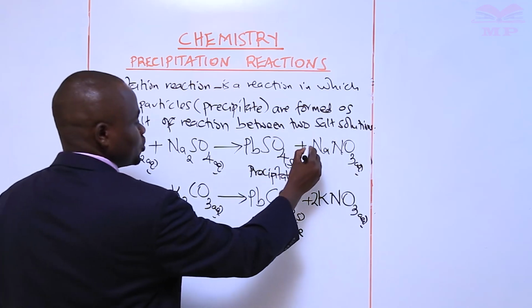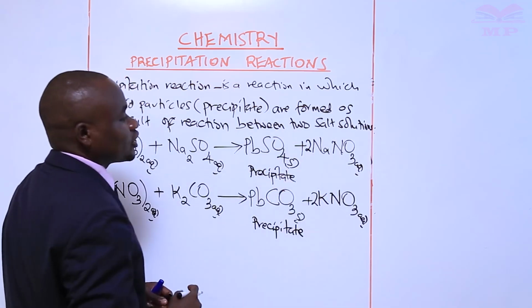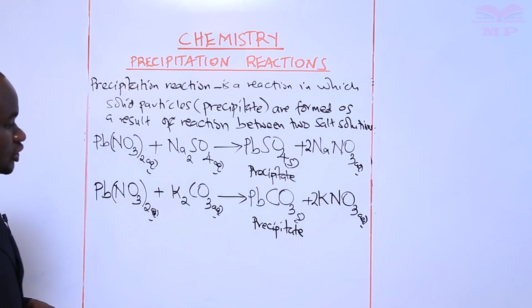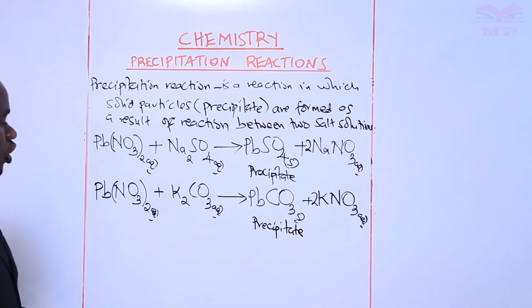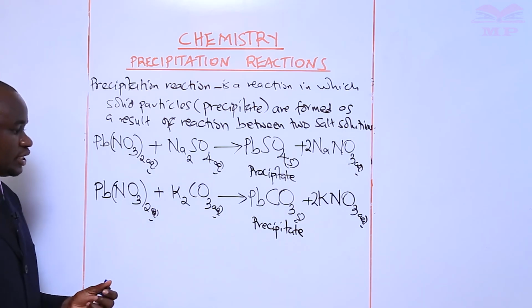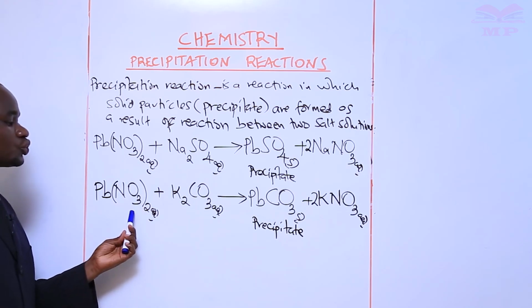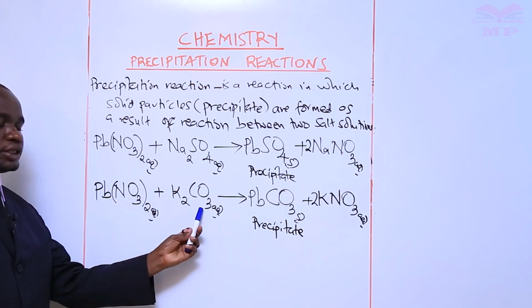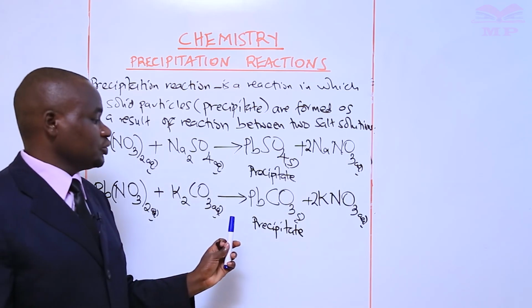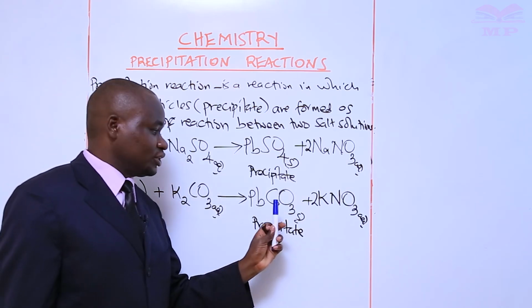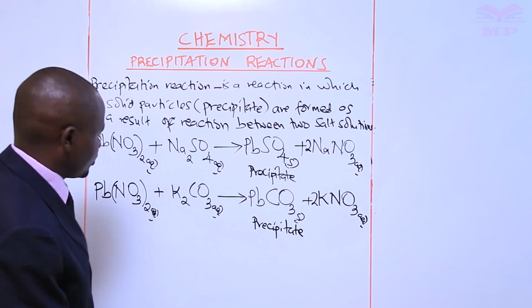We put a 2 on sodium nitrate. So that's another example of a precipitation reaction, which involves the reaction between two soluble salts. The two soluble salts react and exchange ions and produce an insoluble salt and a soluble salt.